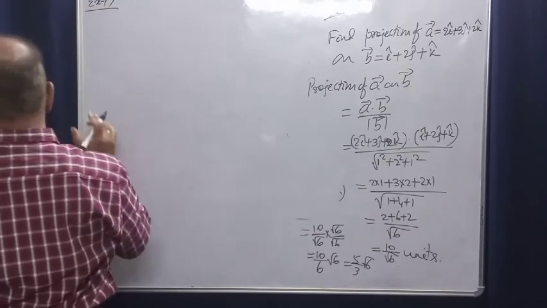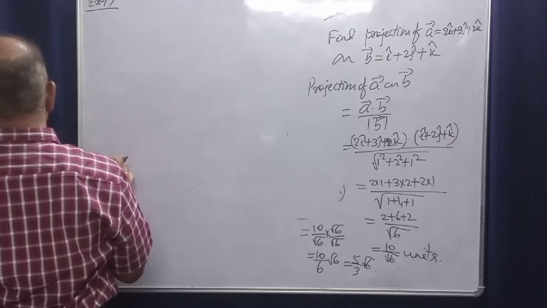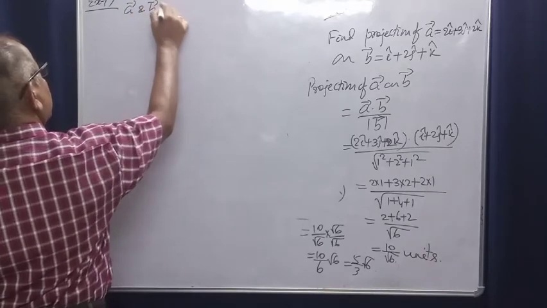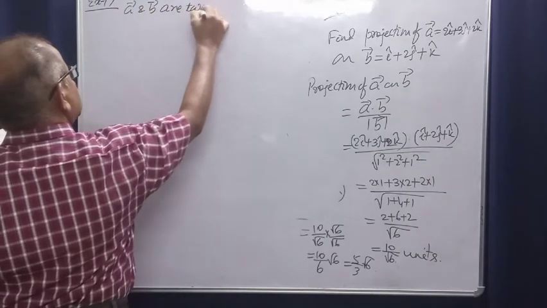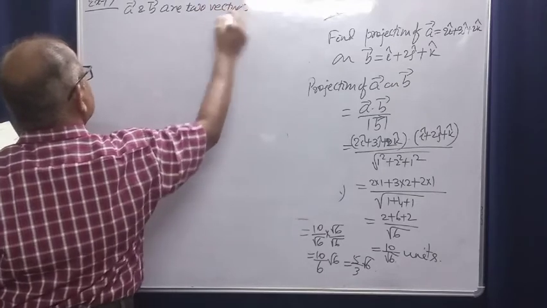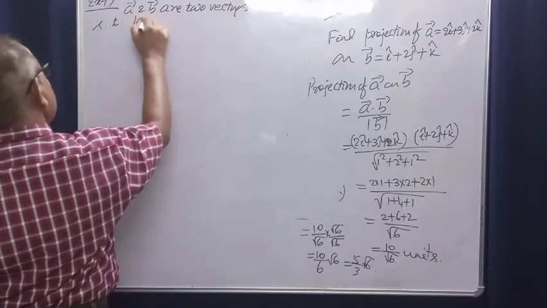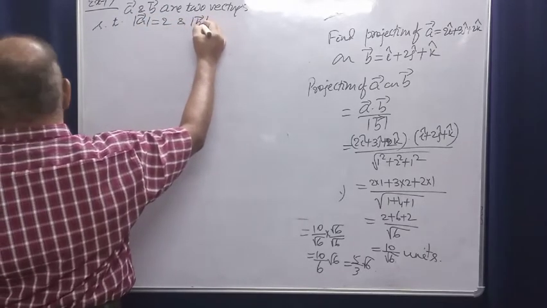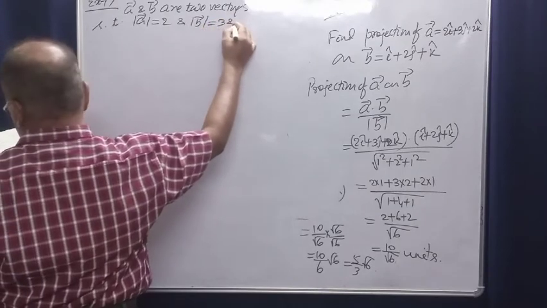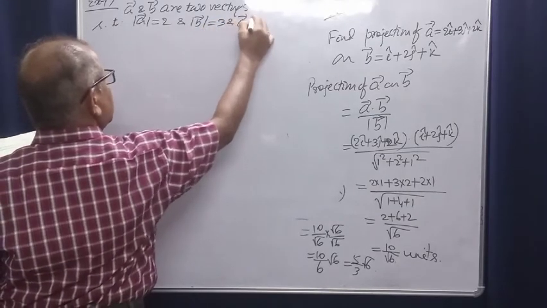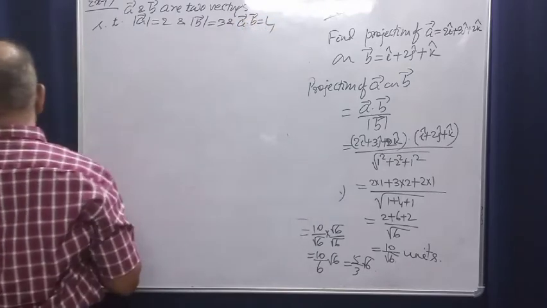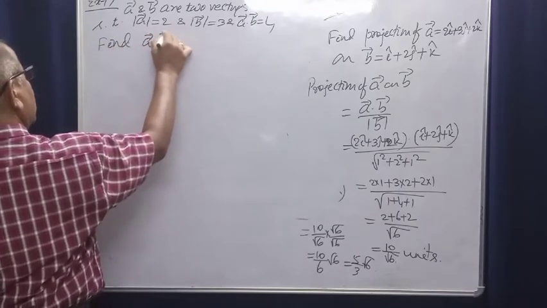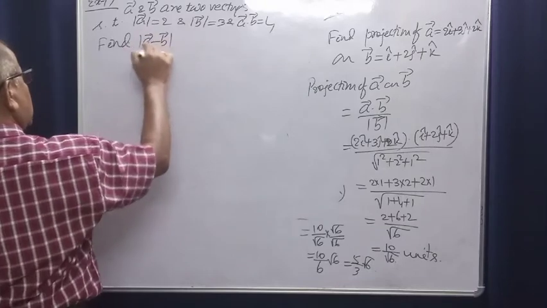Find A minus B magnitude if two vectors A and B are such that magnitude of A is 2 and magnitude of B is 3 and A dot B is 4. Then find magnitude of A minus B. Right.